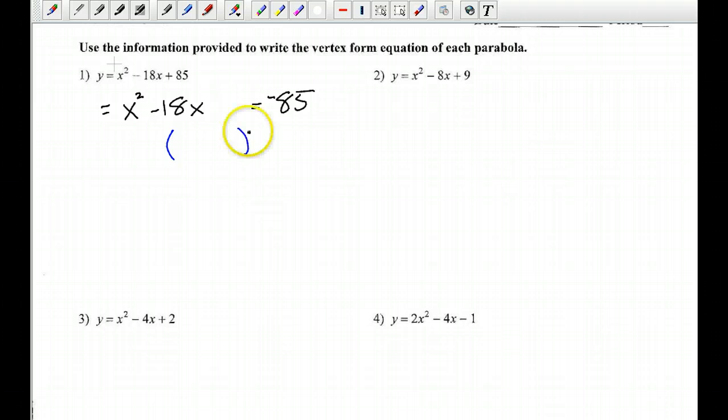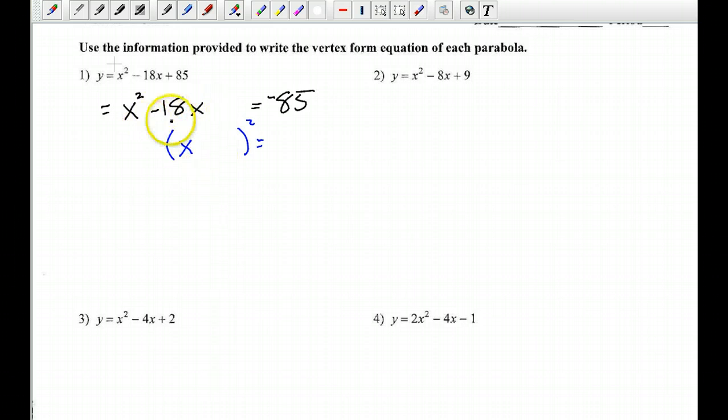Set it all up just like we did yesterday. Finish it up.